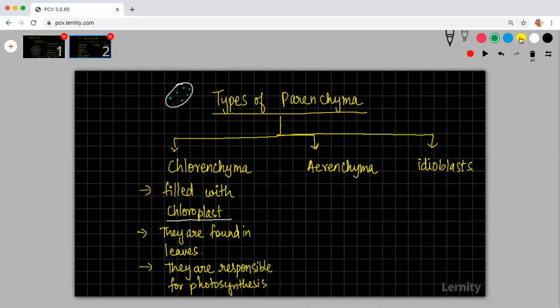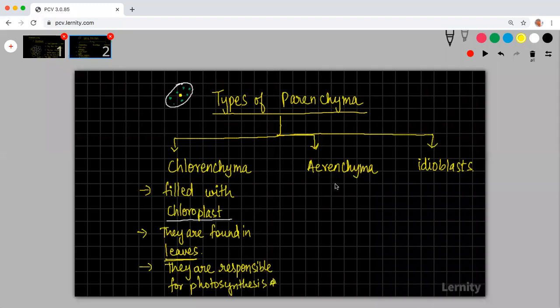Apart from the nucleus and other organelles, what will be the major organelle? Chloroplast only. If it is filled with chloroplast, then we call them chlorenchyma. Chlorenchyma are mostly found only in the leaves and green parts of the plant. They are responsible for photosynthesis and also for storage.